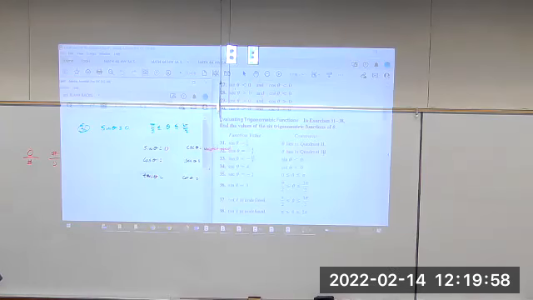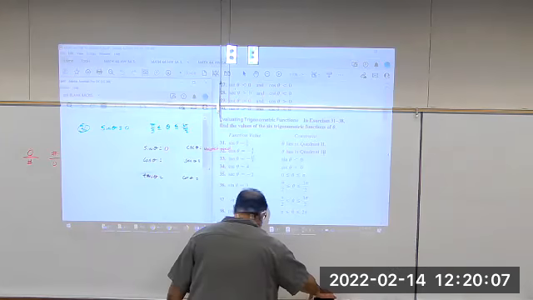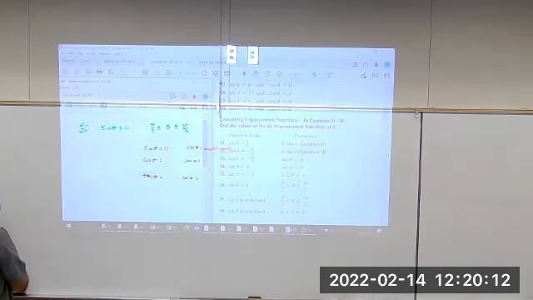Okay, 0 in the denominator is verboten. So that takes care of that one.